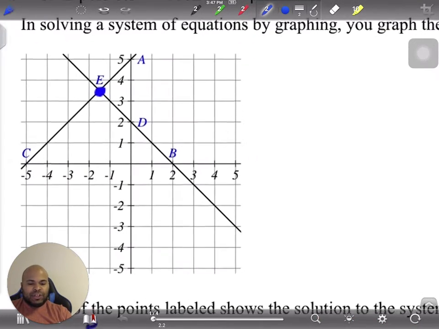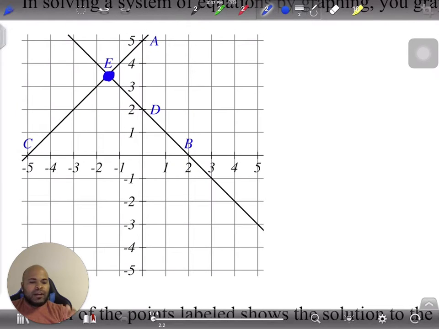That's an answer. Now, sometimes I will ask you a little bit more specific questions. Like, for example, what is the value of the point? What is the point? And they'll give you A, B, C, D, E. So if I ask you for that, you actually have to find the value. So the X value of that point looks like it's right exactly between -1 and -2.